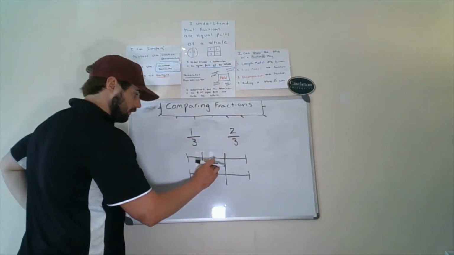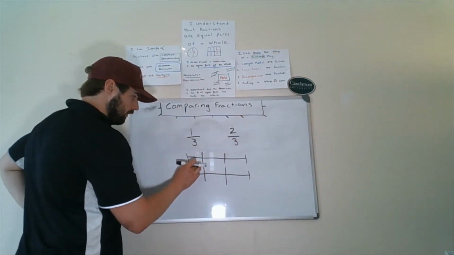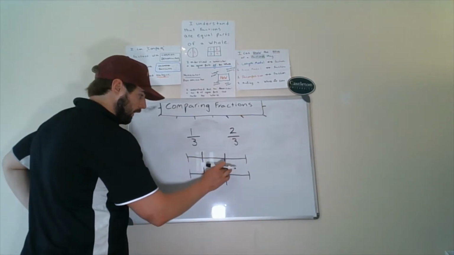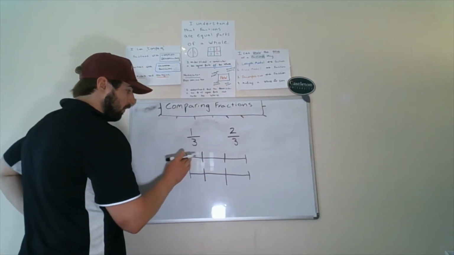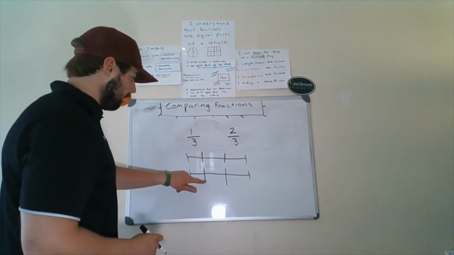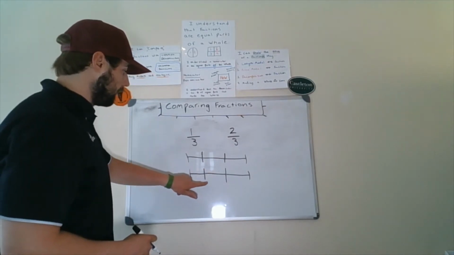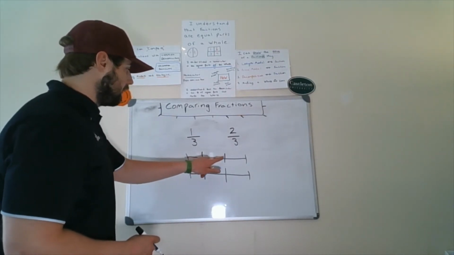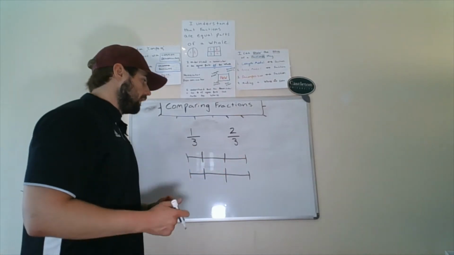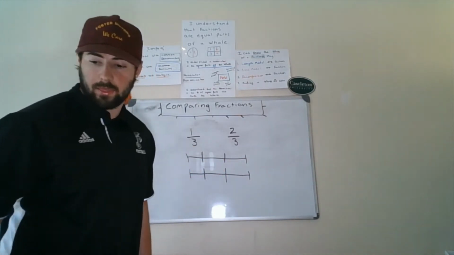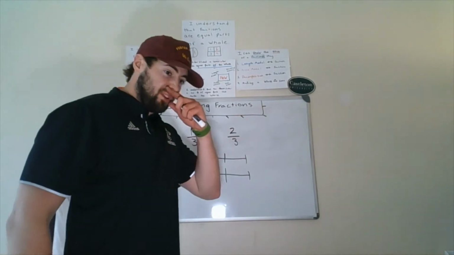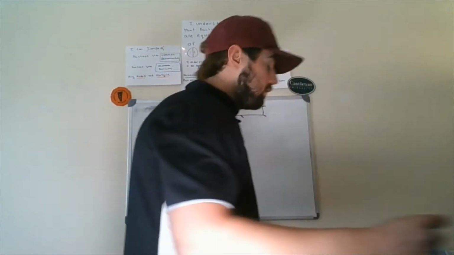Thirds. There it is. Not perfect, but we'll go with it. My wholes are the same. My equal parts I just partitioned are in thirds. 1, 2, 3. 3 parts that make that whole. So, we need to put those values on there.